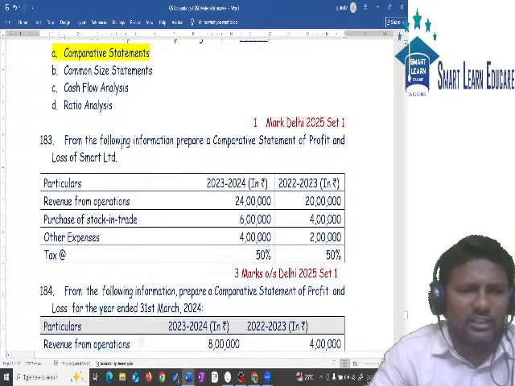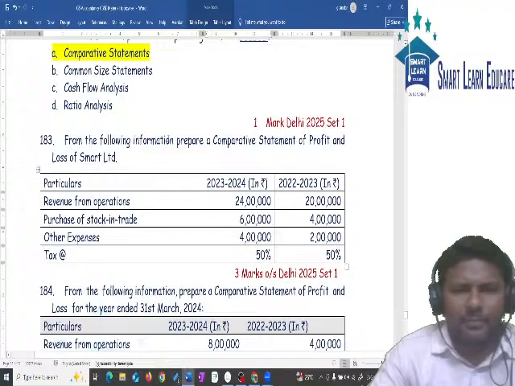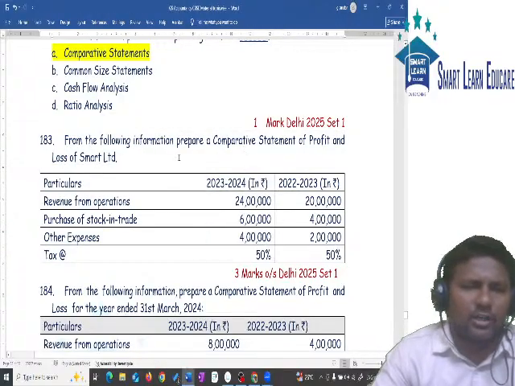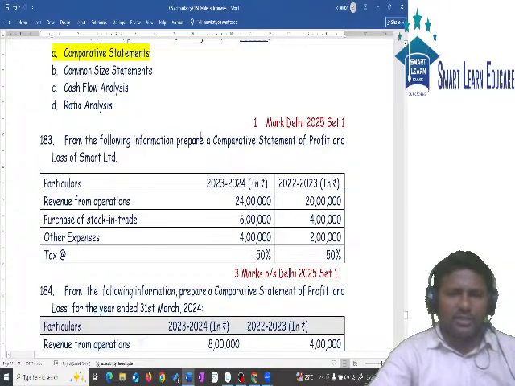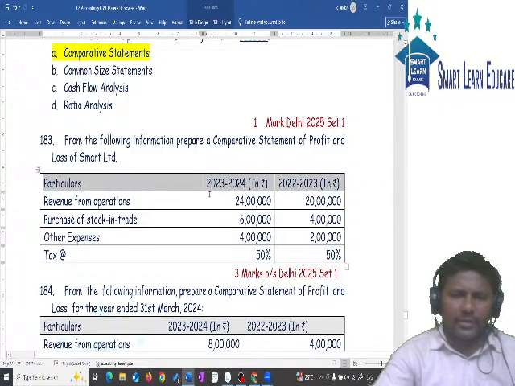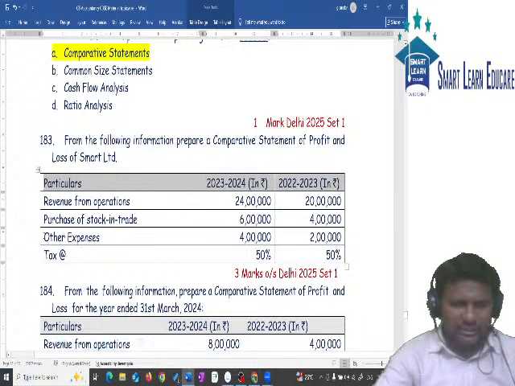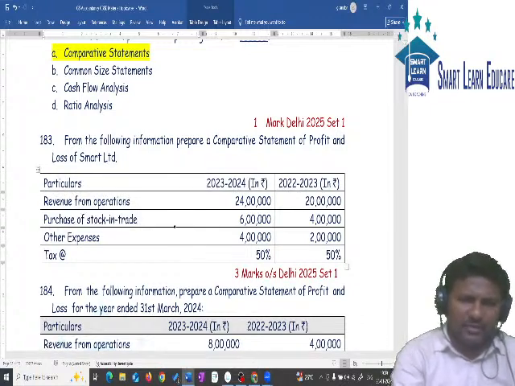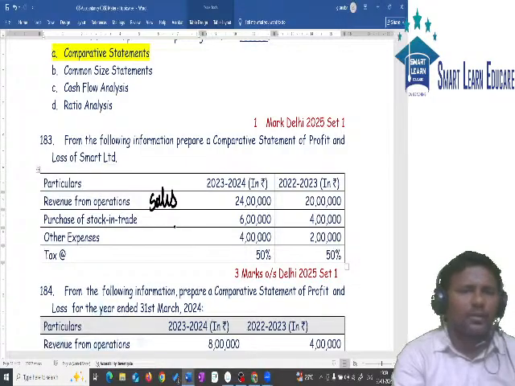Question number 183. From the following information, prepare comparative statement of profit or loss of Smart Limited. Particulars: 23-24, 22-23. Revenue from operation, meaning sales: 24 lakh and 20 lakh.